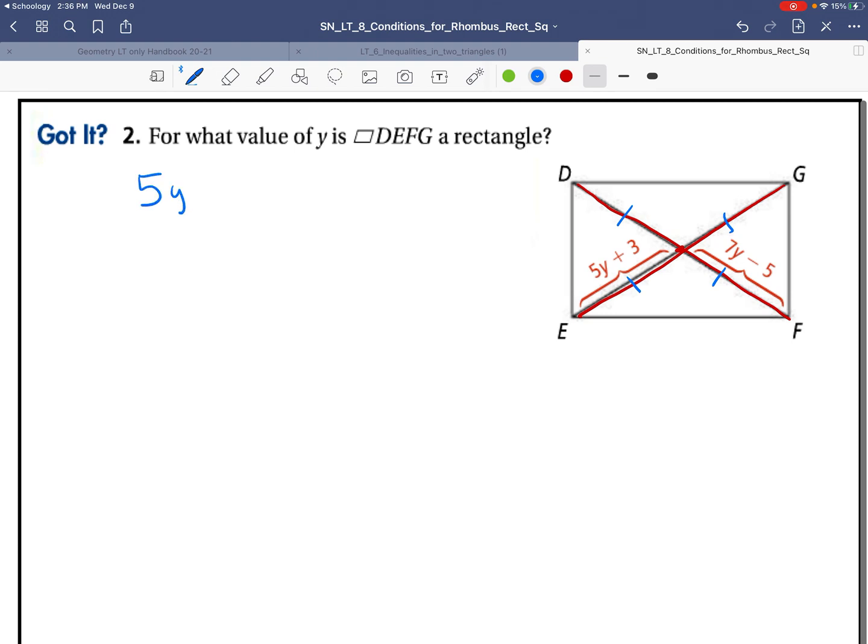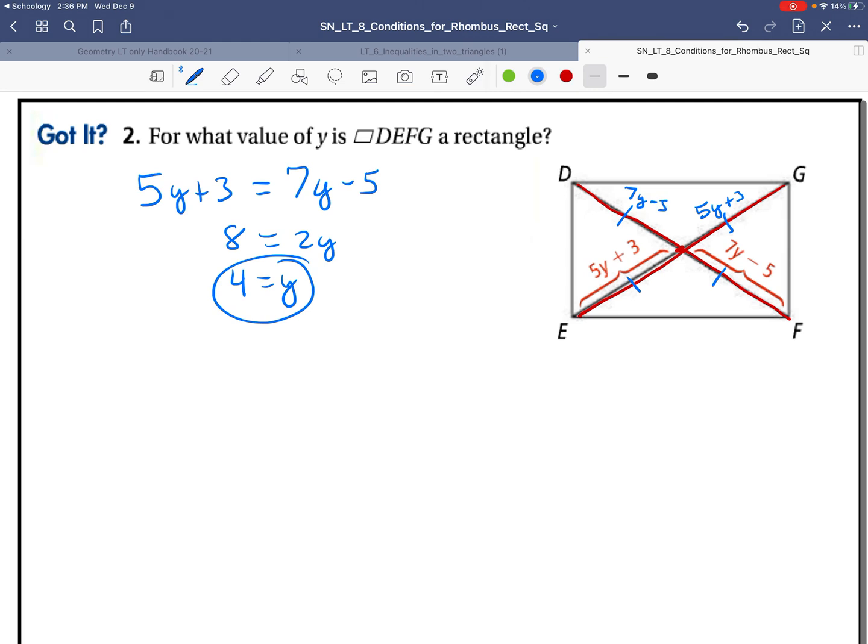We would set 5y plus 3 equal to 7y minus 5, and we get 4 is equal to y. So when y is 4, we have a rectangle. You might notice, because it's a parallelogram, that you could put 5y plus 3 here and 7y minus 5 here, and do 2 times 5y plus 3 equal to twice 7y minus 5. Solve that, and you'll also get y equals 4.